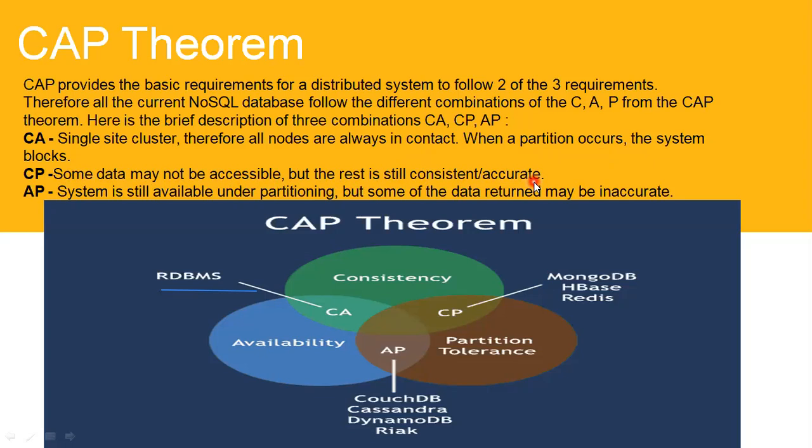So when we talk about CP, we are talking about consistency and partition tolerance. It means data is not available. So some data may not be accessible, but the rest is still consistent and accurate. If we talk about AP, it means system is still available under partitioning, but some of the data returned may be inaccurate. So AP is provided by CouchDB, Cassandra, DynamoDB, and Riak.